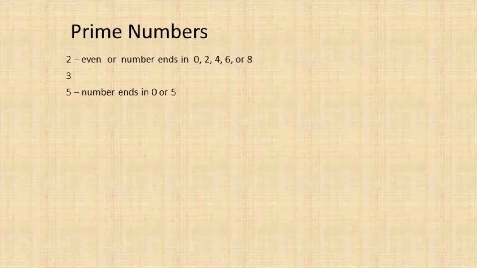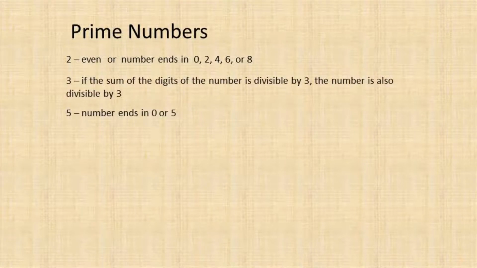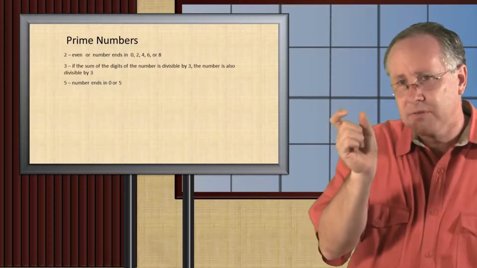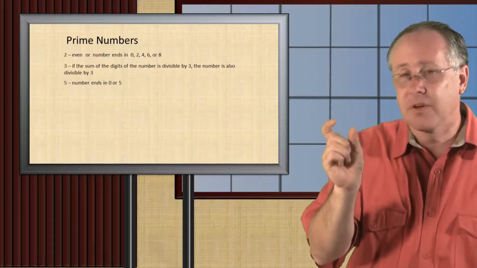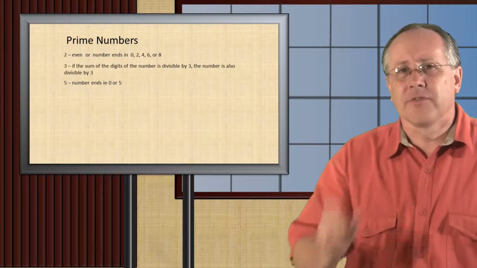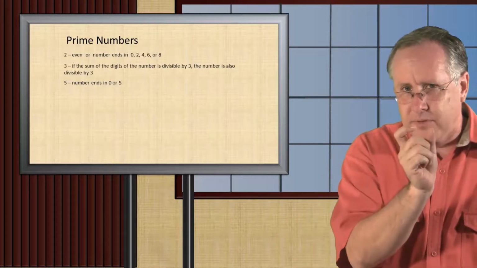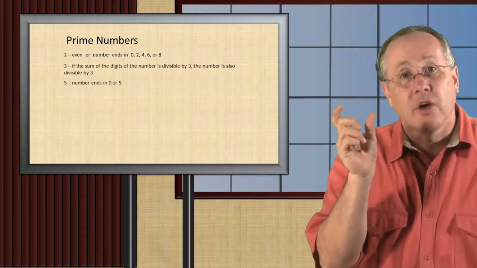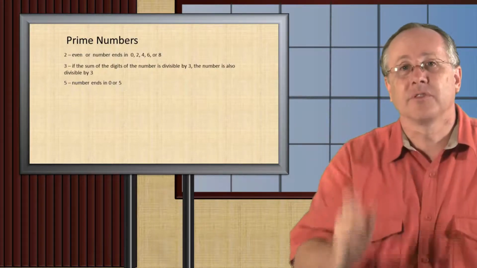It's a little bit strange, but if you add up all the digits in a number, for example, 156, 1 plus 5 plus 6. So 1 plus 5 is 6, 6 plus 6 is 12. And if that sum, the 12, is divisible by 3, then the original number is divisible by 3.